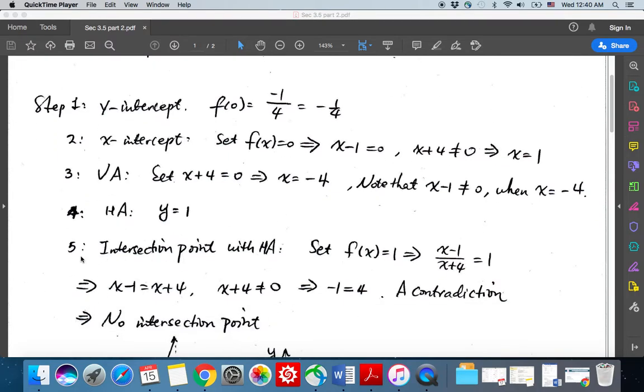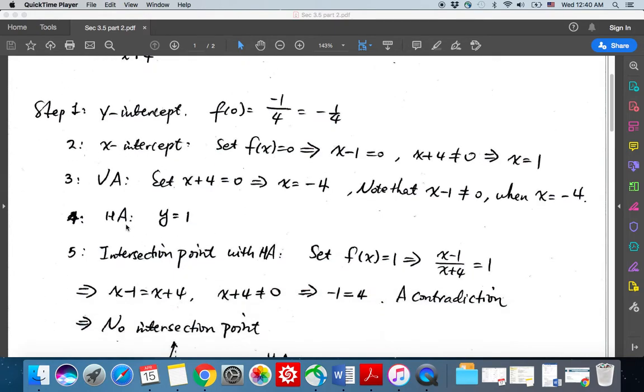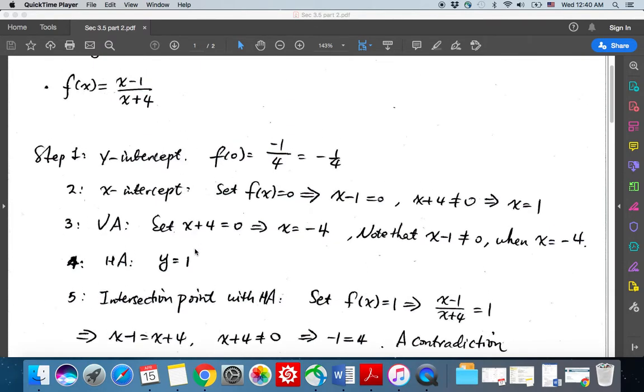In the next step, we'll determine whether the graph of the rational function is going to intersect the horizontal asymptote by setting the rational function equal to the constant function, which represents the horizontal asymptote. So we set f of x equals 1.